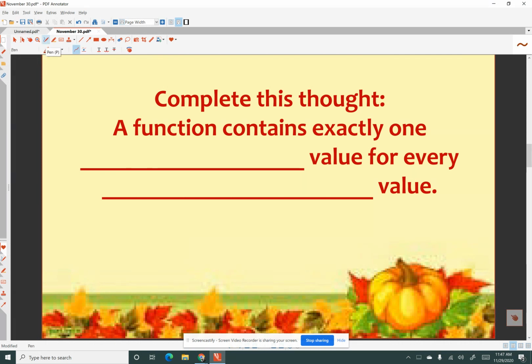A function contains exactly one x value, or let's be very thorough, one domain or x value for every range or y value. And that's the definition of a function.